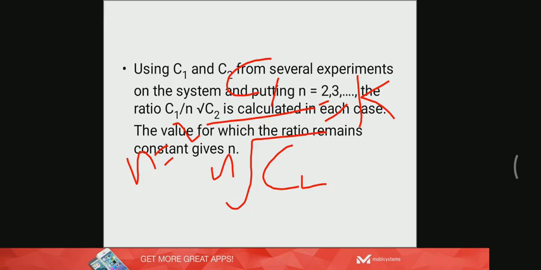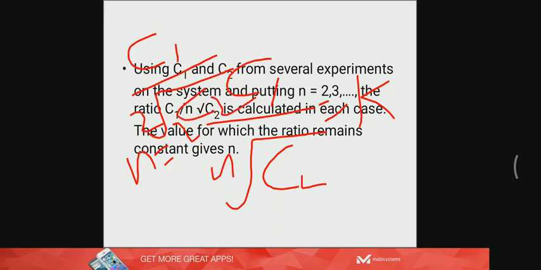For example, in the case of benzoic acid distributed between water and benzene, if you study that system, you can see that in benzene, benzoic acid undergoes dimerization, that means the value of n equals 2. So in that system, if you take C1 by the square root of C2, isn't it?